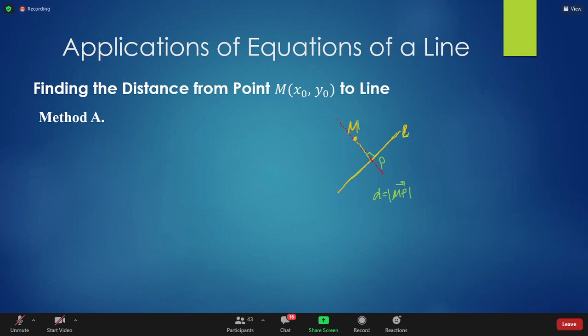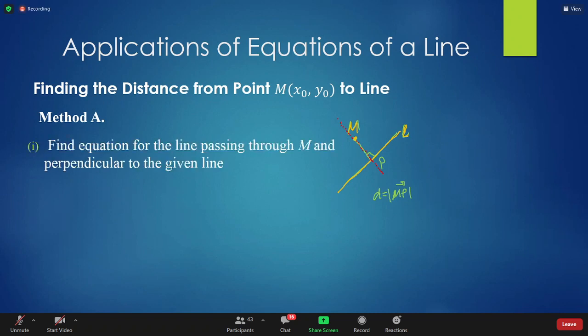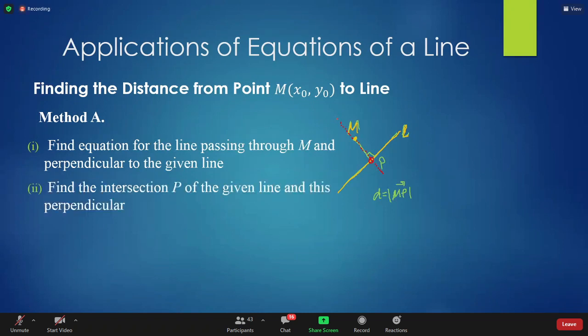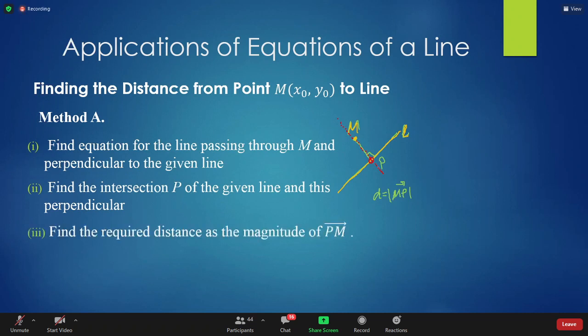Then you need to find the foot of that perpendicular, that is the intersection point P, which is the intersection of the given line and this perpendicular line. That would be finding the coordinates of point P. And then after we have done that, we write down the vector MP or PM and its magnitude. So this is a description of the method.